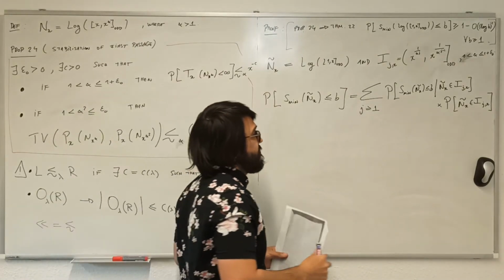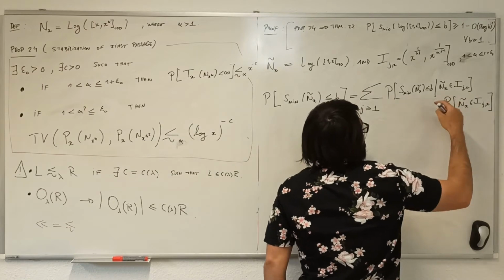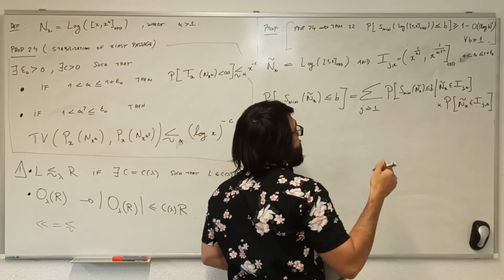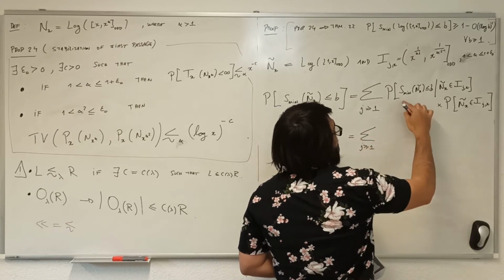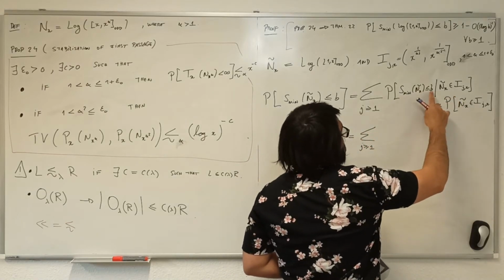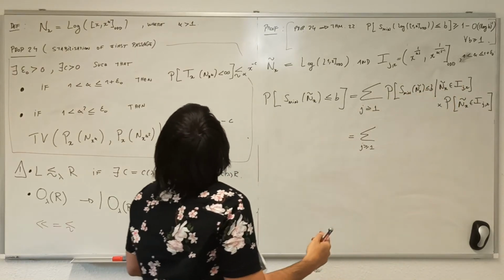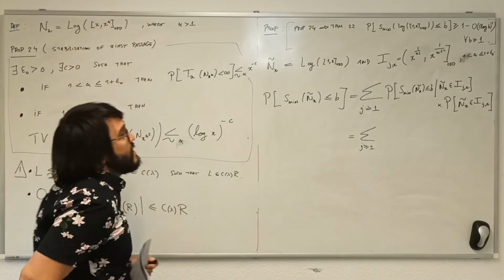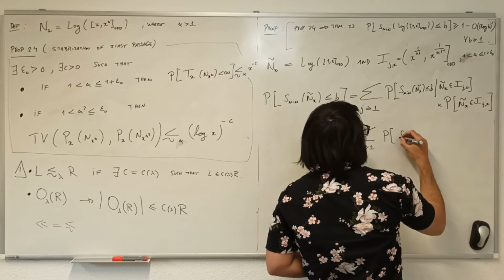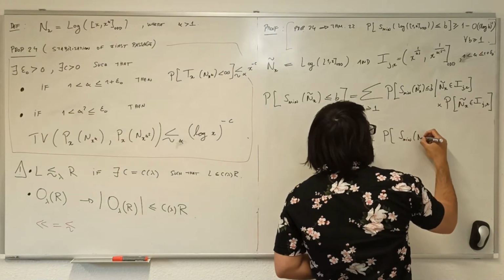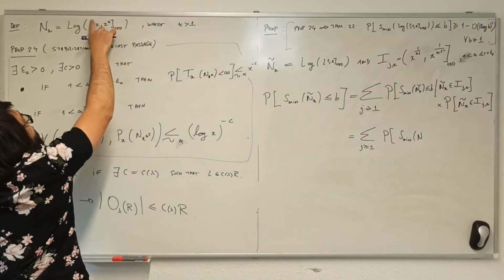And now comes the comment that I made before. I can bound this uniformly. If I can bound these guys here uniformly, then I can bound this. But what is this? This is exactly the sum over j greater or equal than 1. I have the log distribution, less or equal than b, and I also have to belong to this interval. So it's exactly the random variable I defined before, n, but now it's the probability of S min of n.